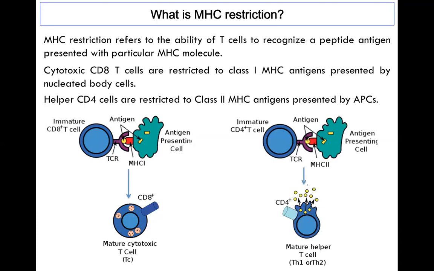Now why are they restricted? Because the MHC molecule has a particular phenomenon, known as MHC restriction. If someone asks you what it means to be restricted, why CD8 cells can only bind with the class 1 MHC molecule and why CD4 can only bind with the class 2 MHC molecule, it is because MHC molecules have a restriction, and that process is called MHC restriction.